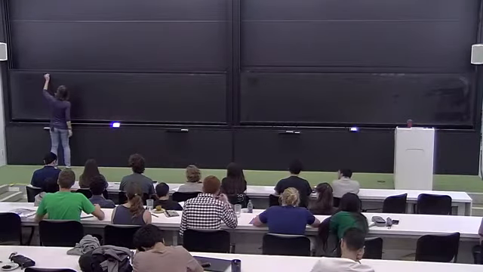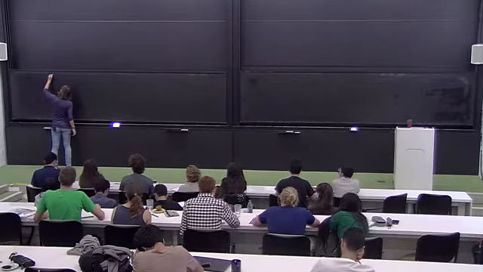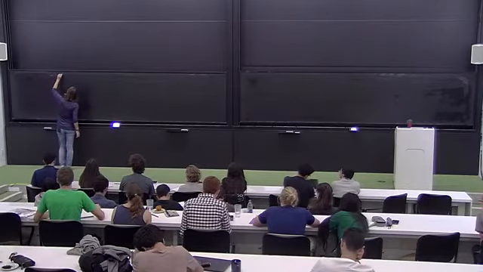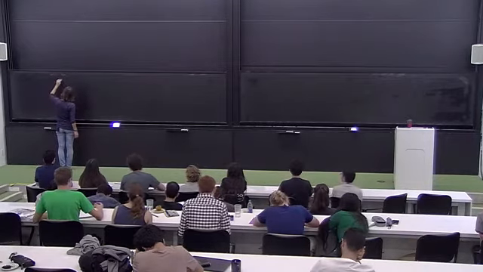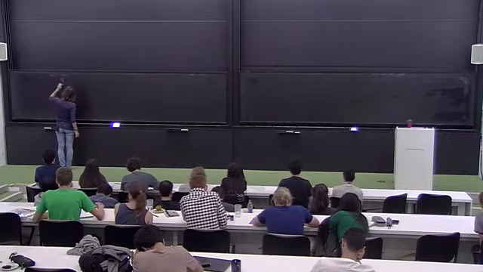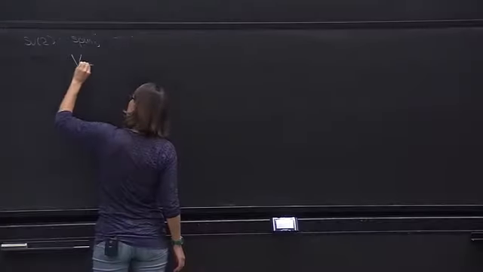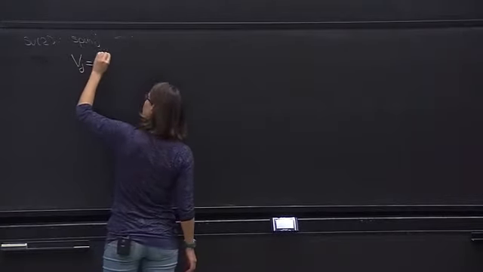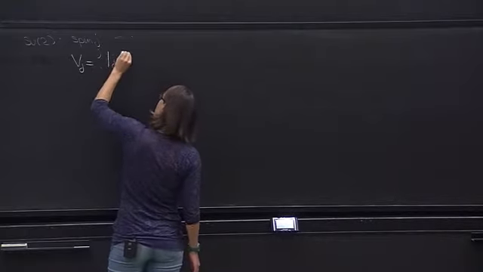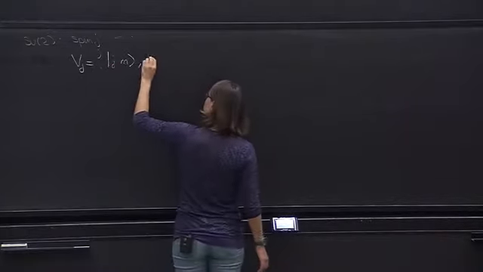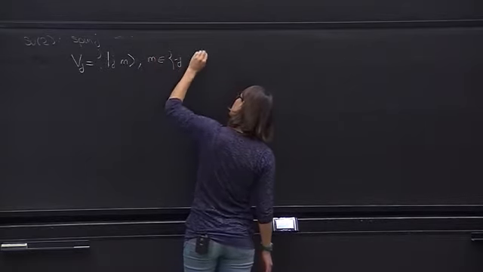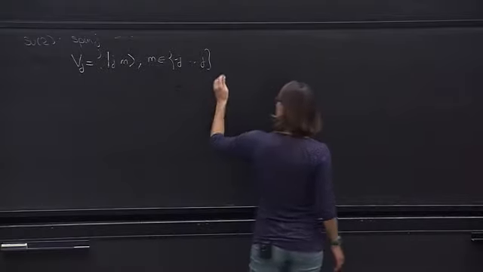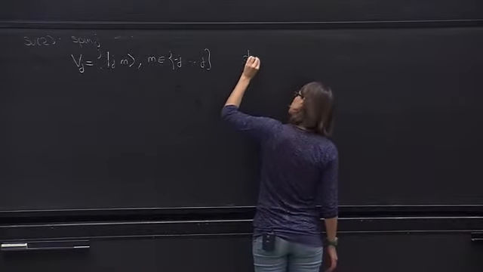So what have we seen yesterday? Yesterday we saw that irreducible representations of SU2 are characterized by a spin J and then a vector space representation. Vj is going to be the set of all vectors of this form, where now M can take the values from minus J to plus J. So what is the dimension of this representation?